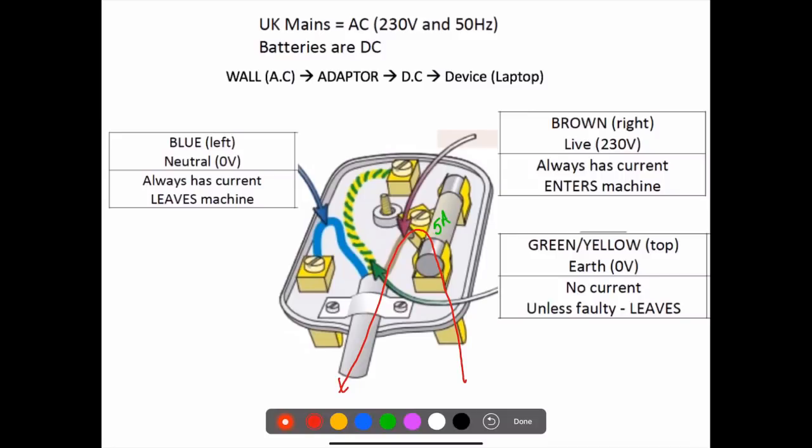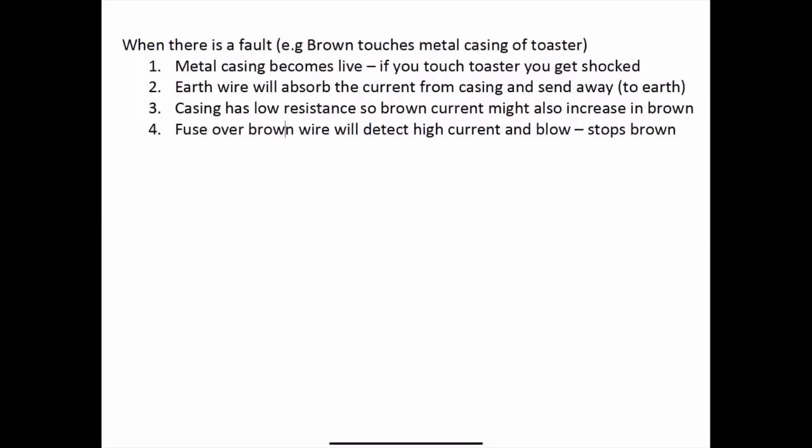But we know that if there's a fault, more current is going to try and enter, more than 5. And then the fuse at that moment will blow. When the fuse blows or melts, it cuts off the electricity coming in. And then, of course, that helps to prevent you from getting shocked. So again, how would you explain that? These are the main points you have to mention. If you mention all of these points, that's good enough to score the marks for explaining that topic.